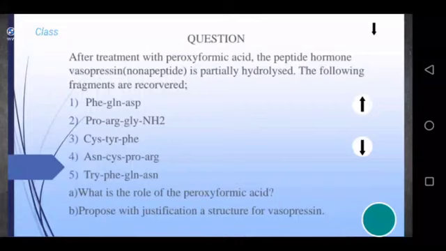The first fragment has phenylalanine, glutamine, and aspartate or aspartic acid. The second fragment has proline, arginine, glycine, and an amine. Now note this amine here. It does not mean it is the N terminal; instead the C terminal is glycine, and the glycine has been aminated.